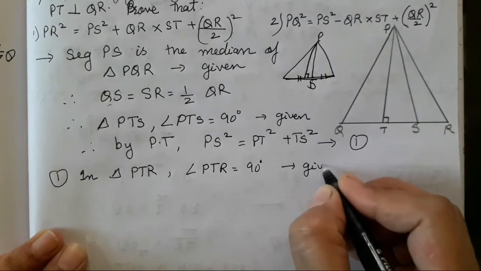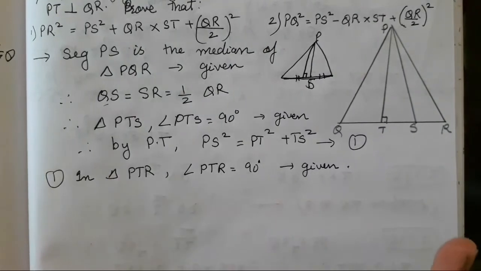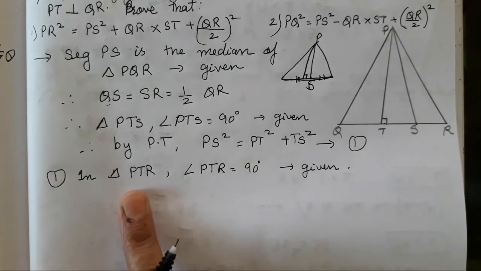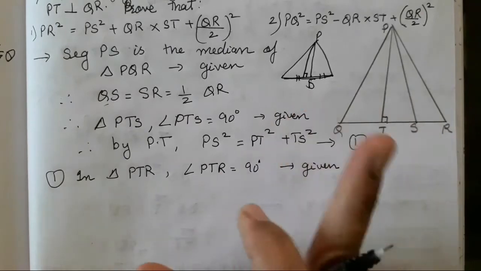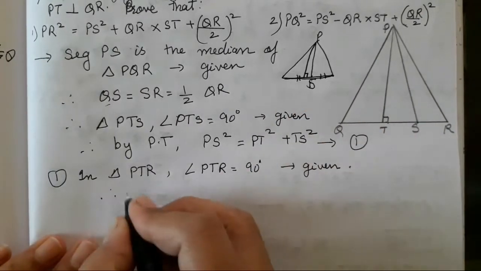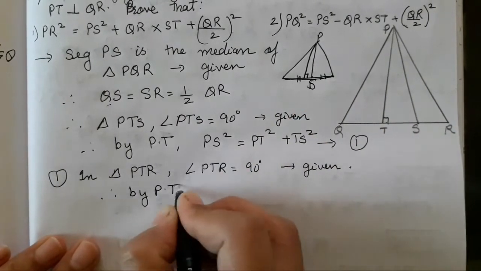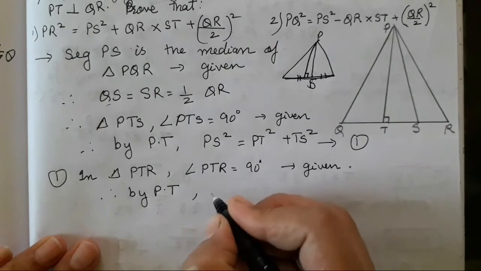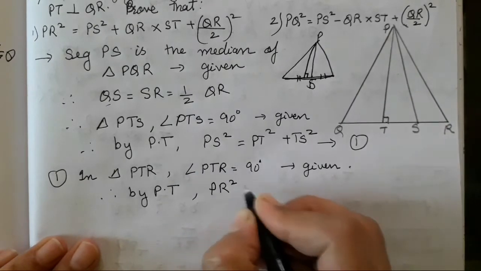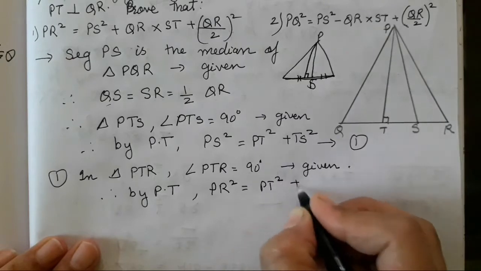Again, we have to write it as given because the name of the triangle has changed. This looks similar, but the name of the triangle has changed. So, therefore, by the Pythagoras theorem, again, what are we going to write? PR square is equal to PT square plus TR square.